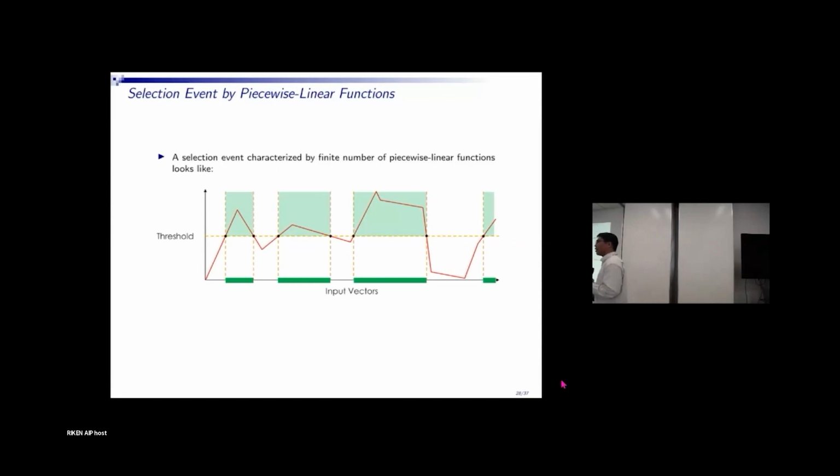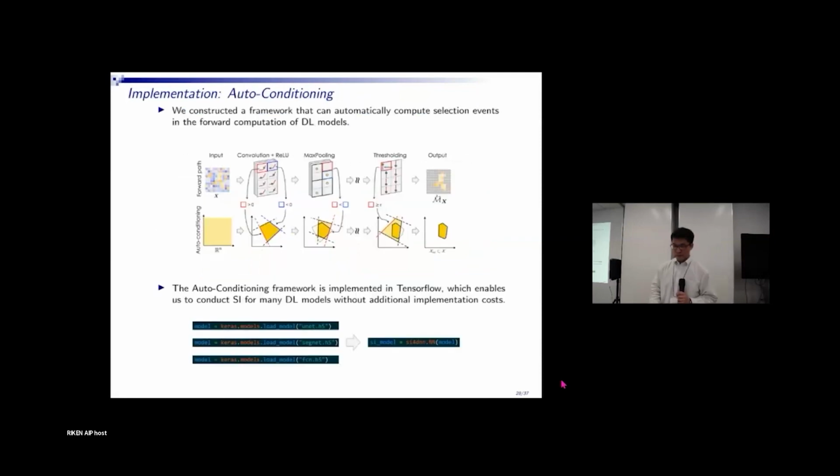So therefore, if the neural network can be represented or approximated by a piecewise linear function, we can exactly compute the set of images for which the same hypothesis is selected.